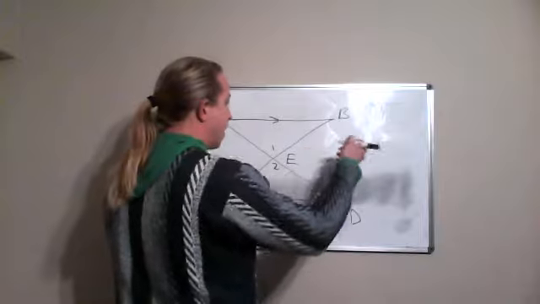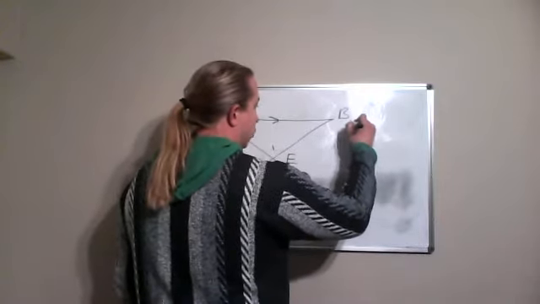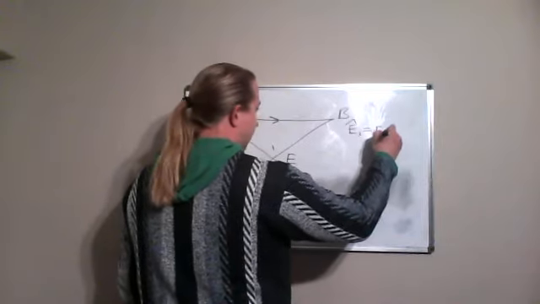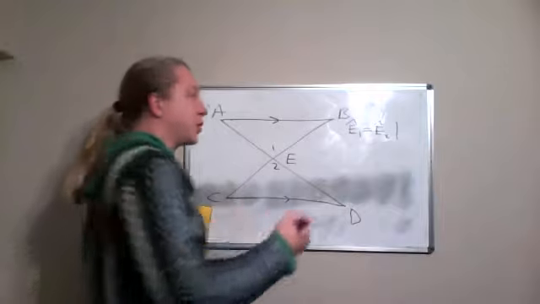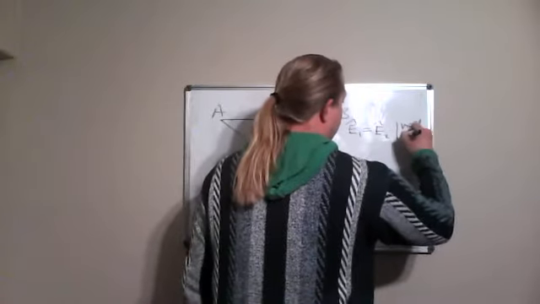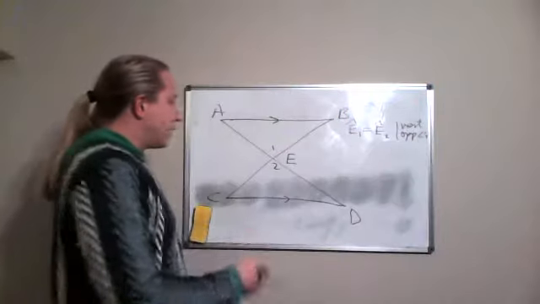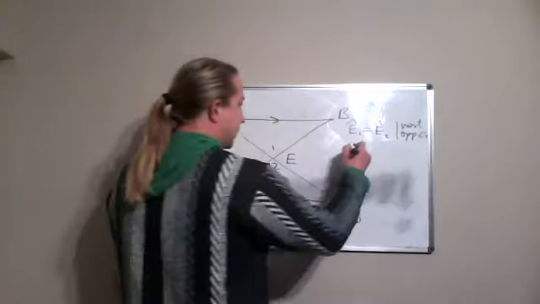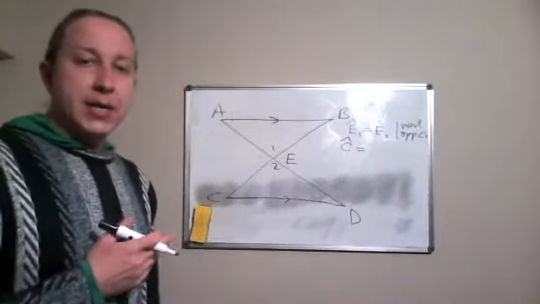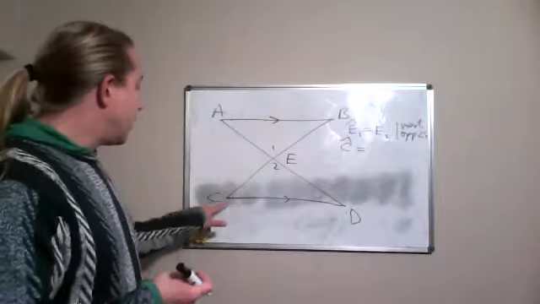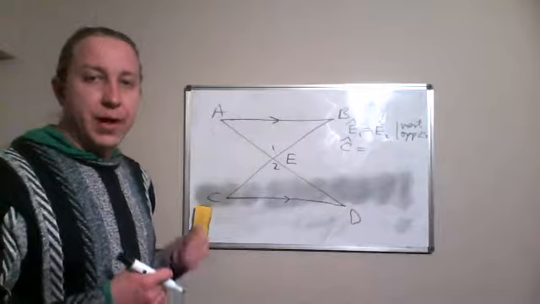So let's do it. First we say angle E1 equals angle E2. What is our reason? It is vertically opposite angles. Second angle, we have angle C. I can use the notation of angle C because there are no other angles associated with C, so there's only one angle I'm specifying.